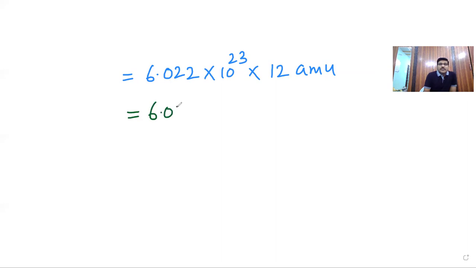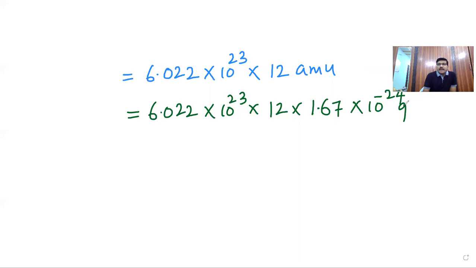That is 6.022 into 10 to the power of 23 into 12 AMU. Clear? Now, 1 AMU is equal to how much? The mass of a proton, 1.67 into 10 to the power of minus 24 grams.